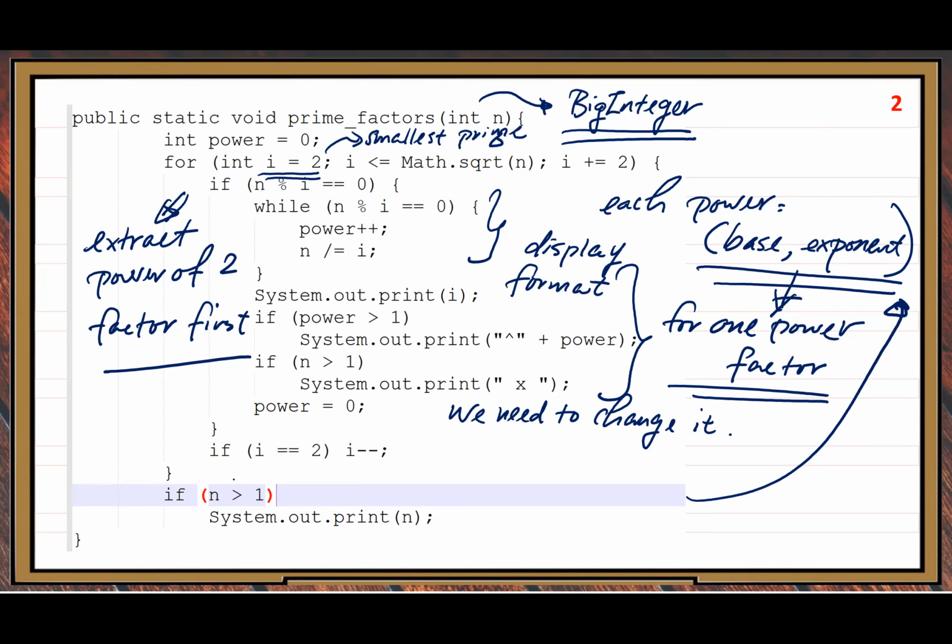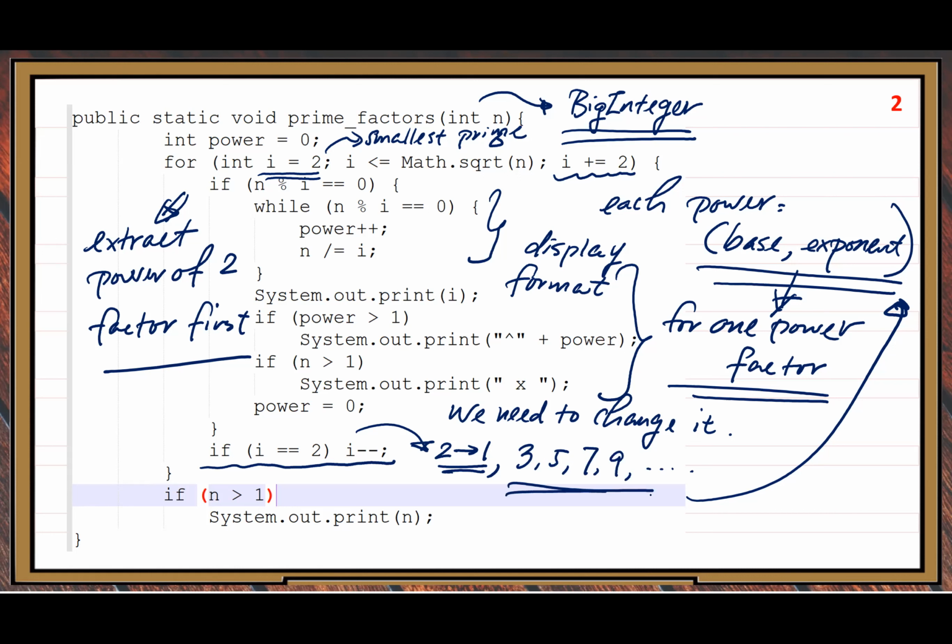But after the power of 2 factor extraction, i is reduced from 2 to 1. Why from 2 to 1? Because after 2, every time we increase i by 2, so we change i to 1. So next time add 2 to 1, we get 3, 5, 7, 9, and so on.